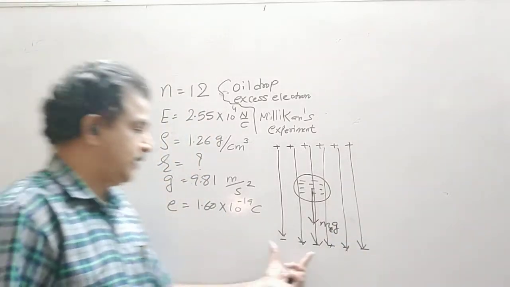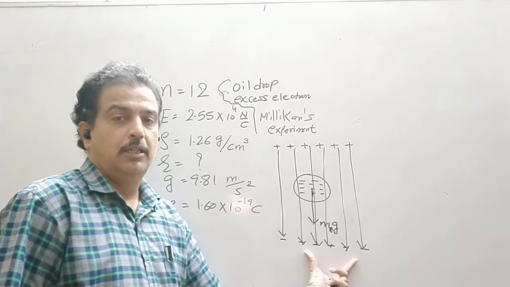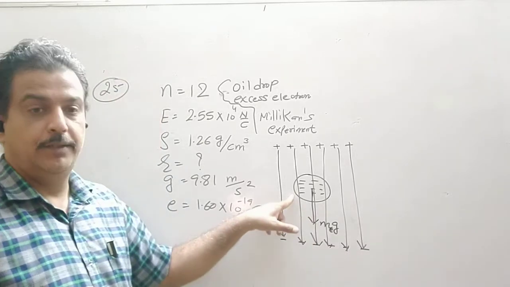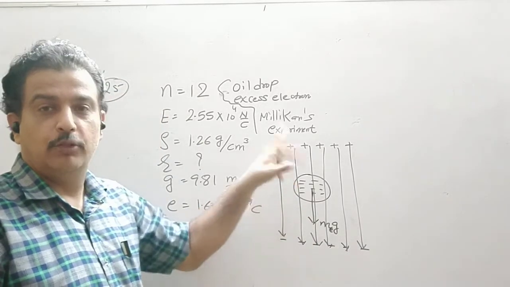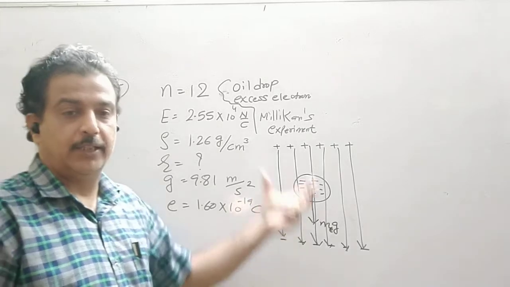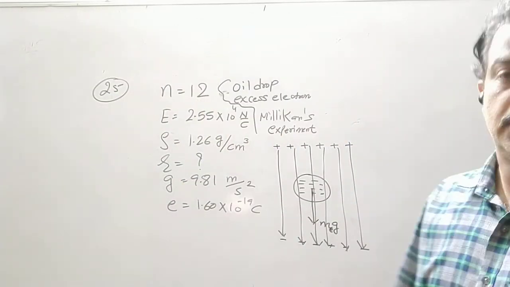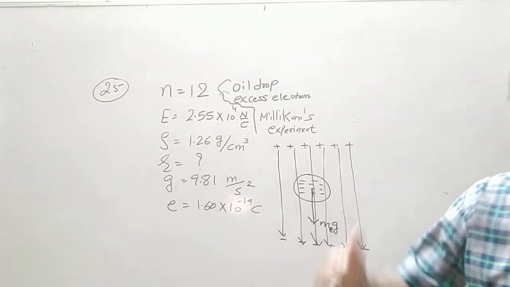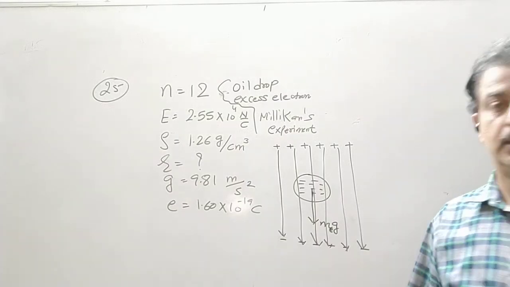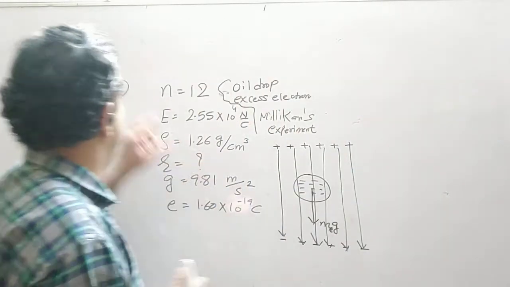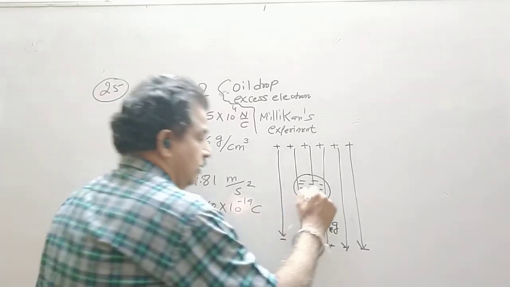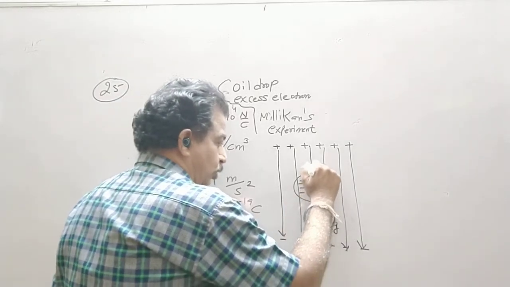The negatively charged plate will give the force of repulsion, and the positive charge will give the force of attraction. It will attract the oil drop. Now E is given. Charge, we can find out the total charge.